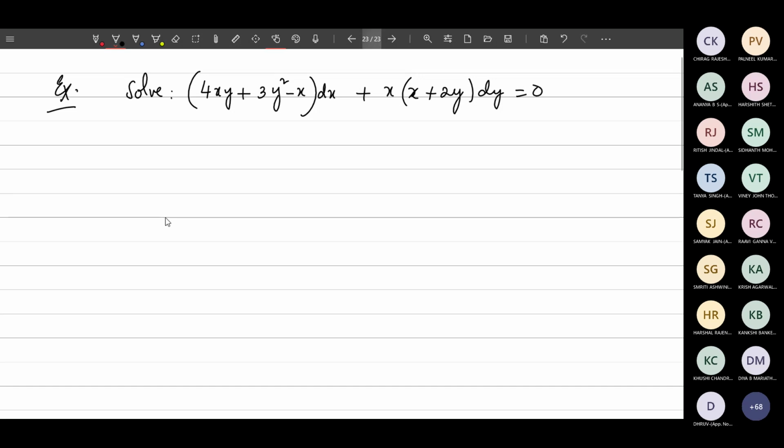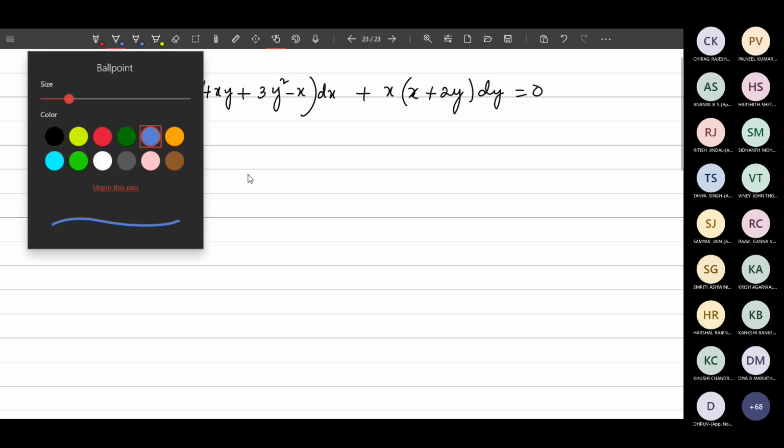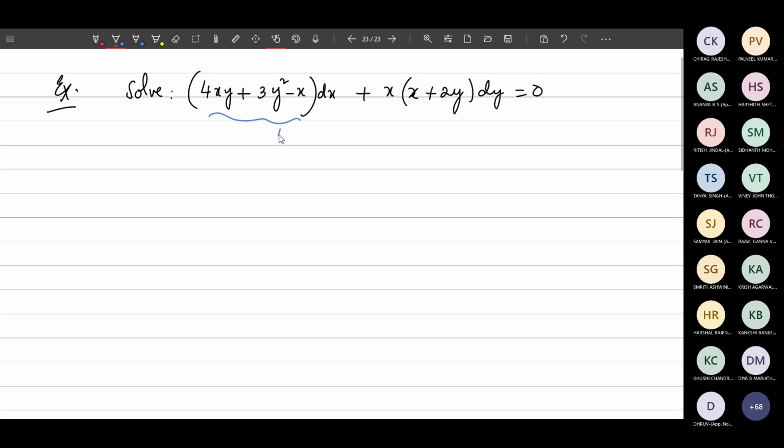So here M is this expression and N is x times (x plus 2y).